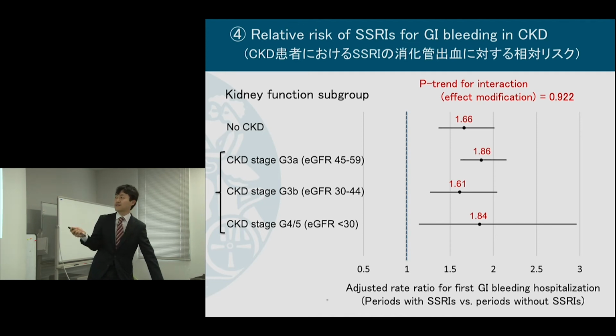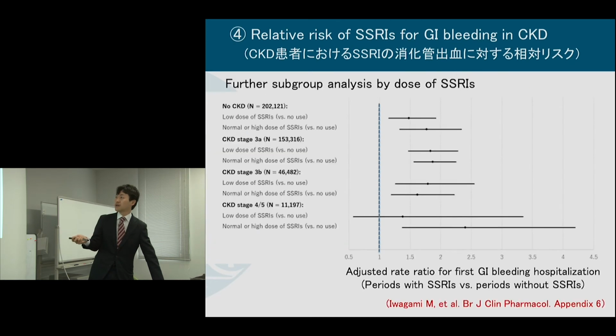And I further divided them into low dose and high dose, expecting that doctors may prescribe a low dose of SSRI for patients with lower kidney function. That's kind of confounding, so I stratified according to dose.